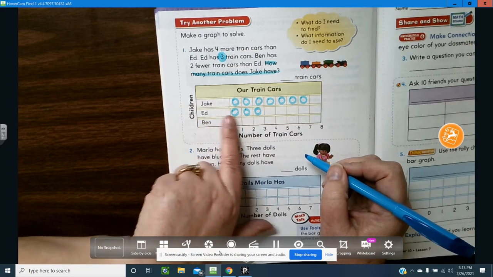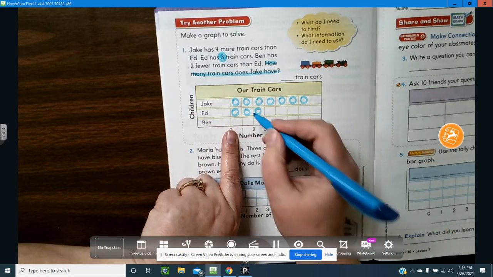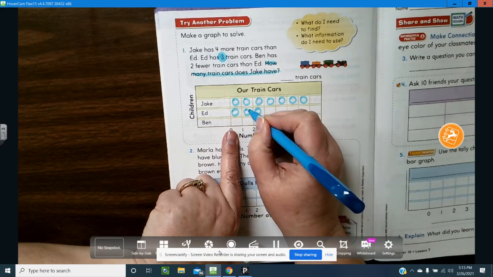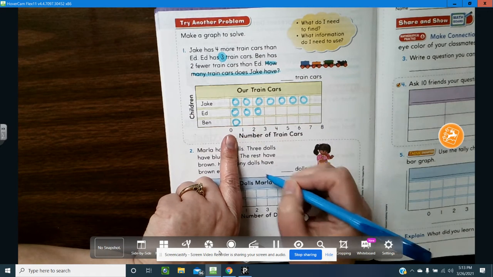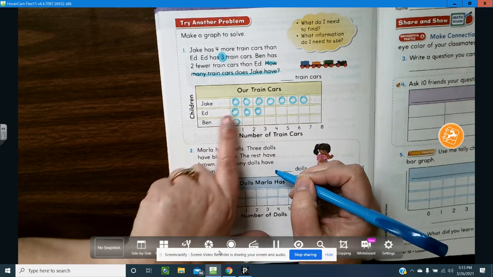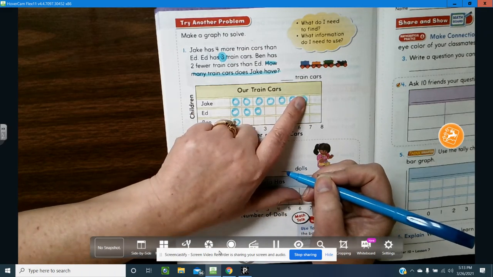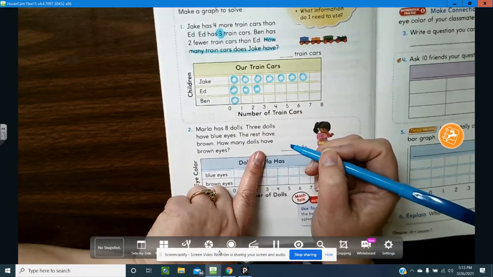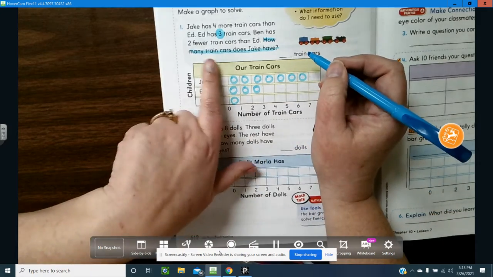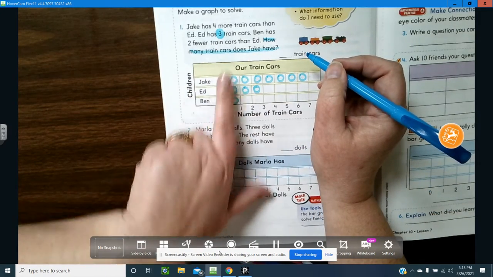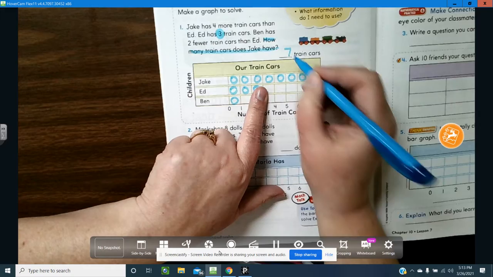So here's Ed and Ben has 2 fewer. So we have to take 2 away and he's only going to have 1. 3 take away 2 is 1. 3 and 4 more is 7. So the question says, how many does Jake have? Jake has 7.